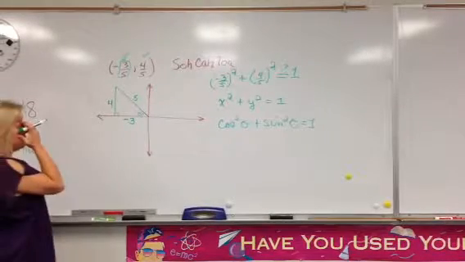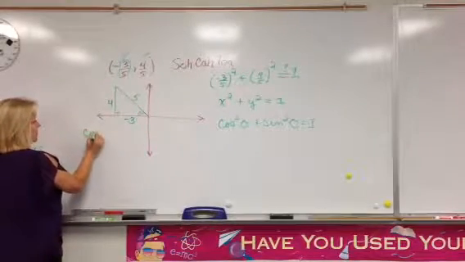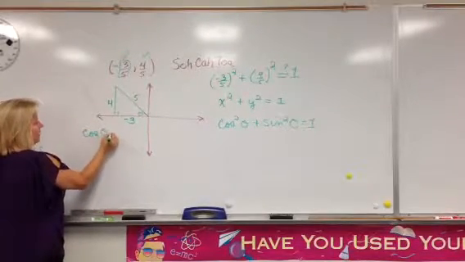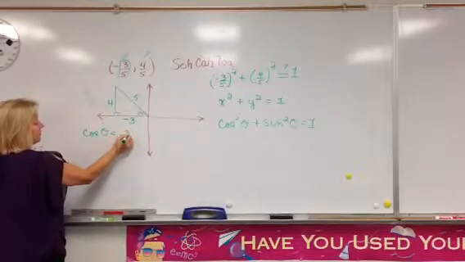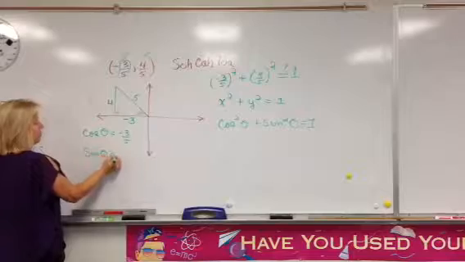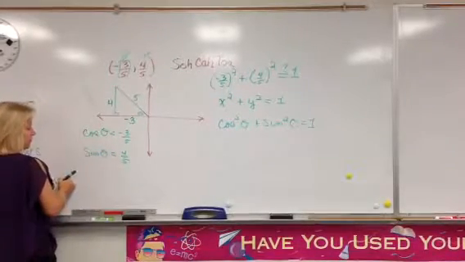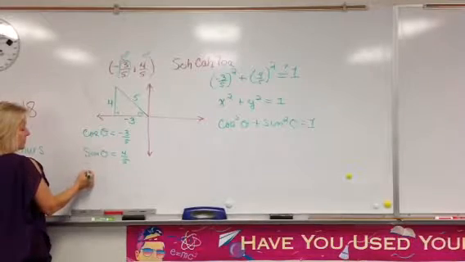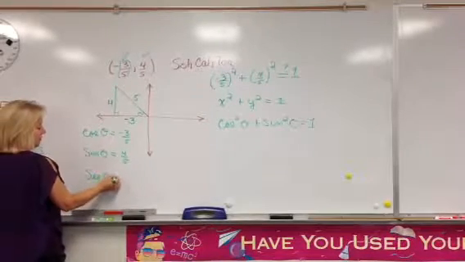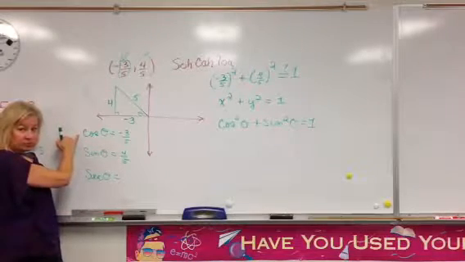Okay, so let's go with cosine theta. We already know it is negative 3 over 5. Sine theta, we already know is 4 over 5. Secant theta is your cosine flipped over.